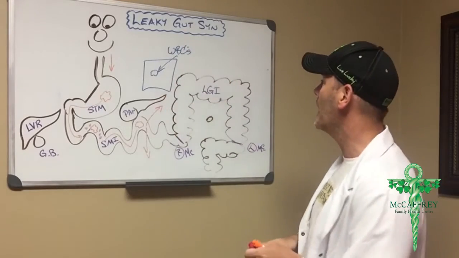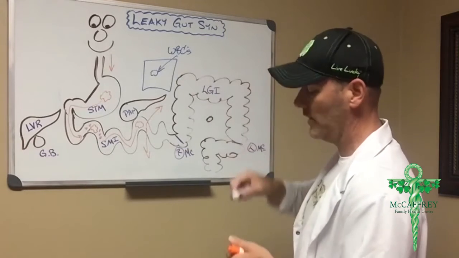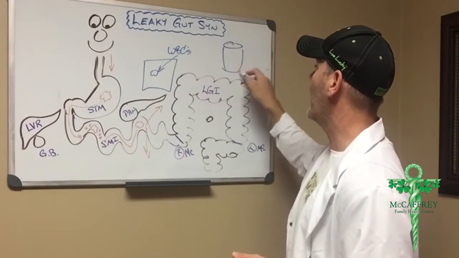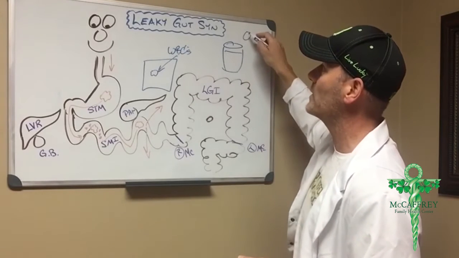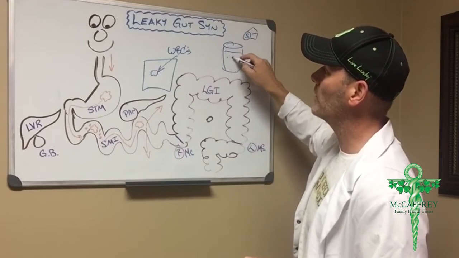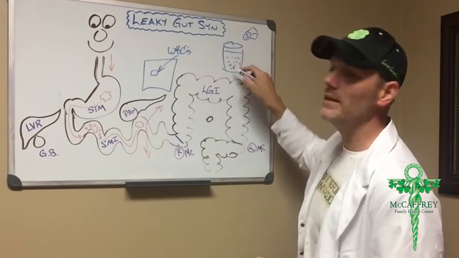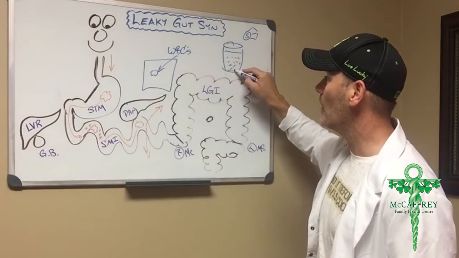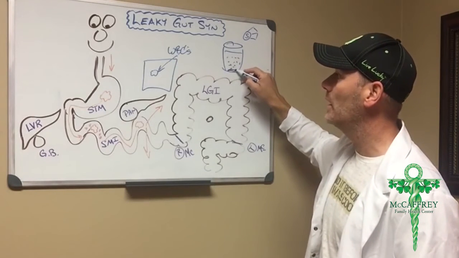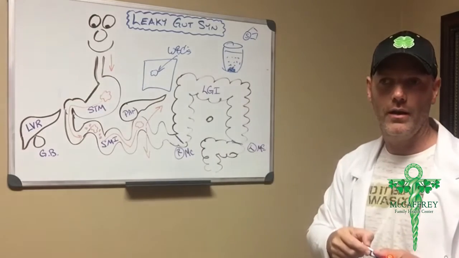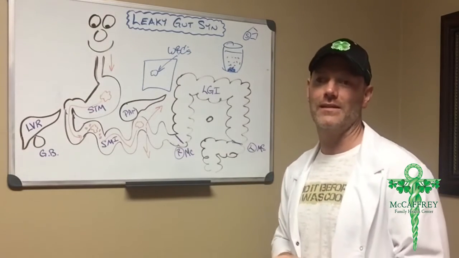It's like putting salt in a glass of water. If you have a glass and it's full to the top and you start adding salt to it, all of a sudden it starts dissolving. It's no big deal. But over time, if you keep adding salt, it starts to pile at the bottom. The water can't hold it any longer. And that's what a leaky gut really is.